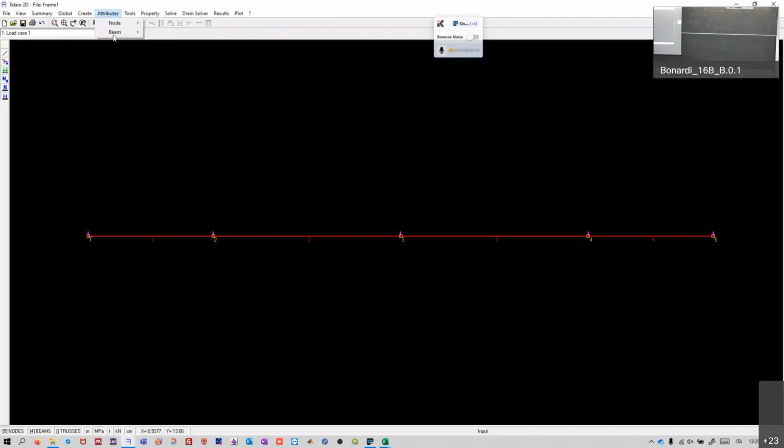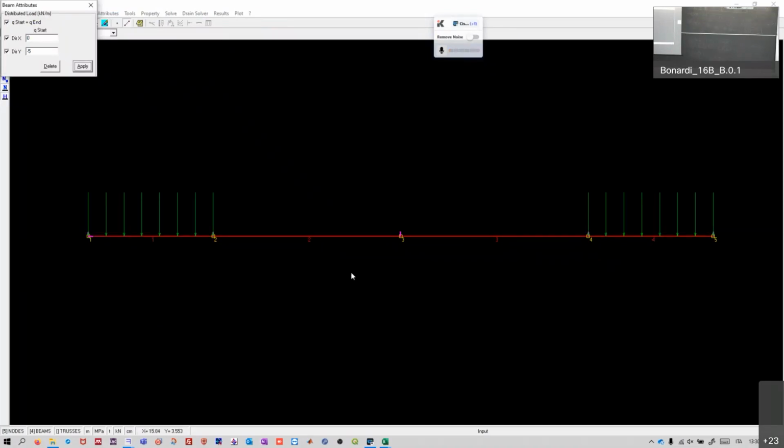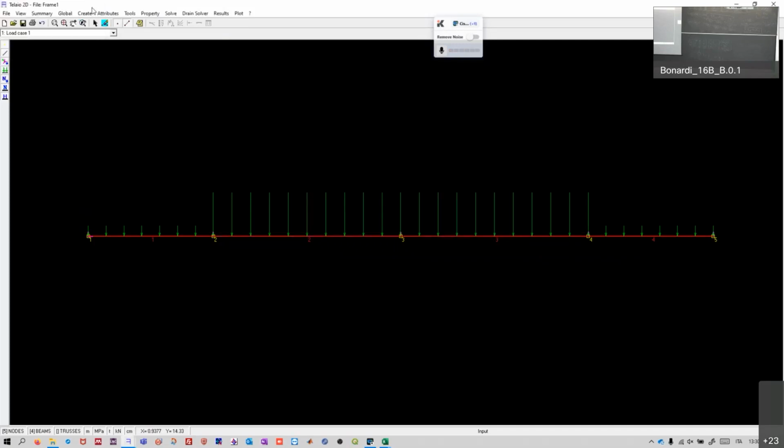Now the loads, so attribute beam, because it is a distributed load. The first and the fourth beam undergo minus 5 kilonewton per meter, whereas the other two beams undergo minus 20. So here we have set everything.